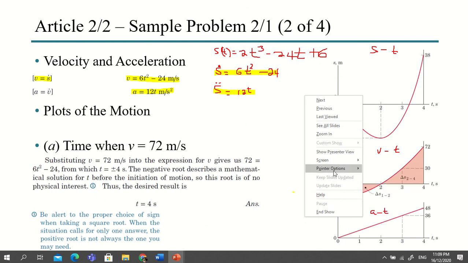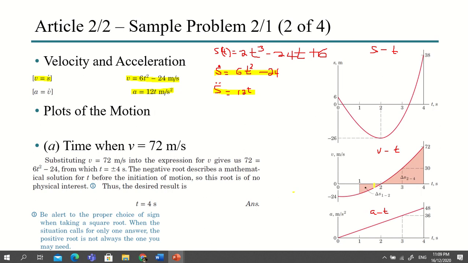All right, solving for problem A: the time when the velocity is 72 meters per second. We substitute the velocity equal to 72 meters per second into this equation and solve for the time. After substituting, we come up with a quadratic equation, and we have two values for t, positive and negative 4 seconds.